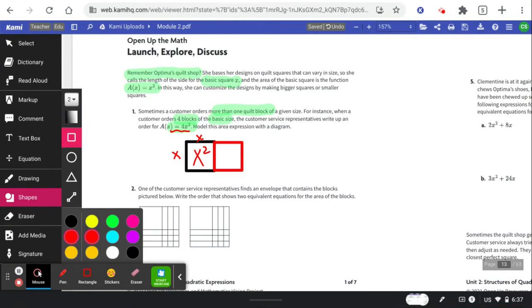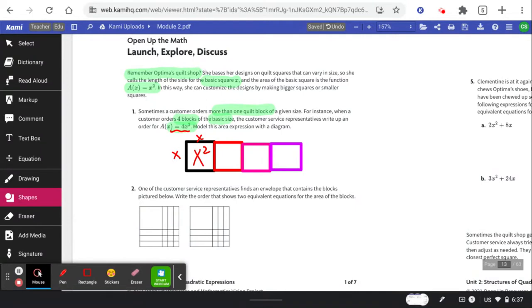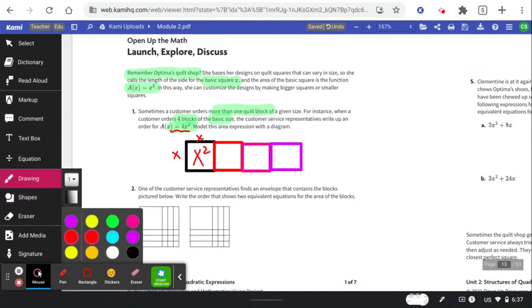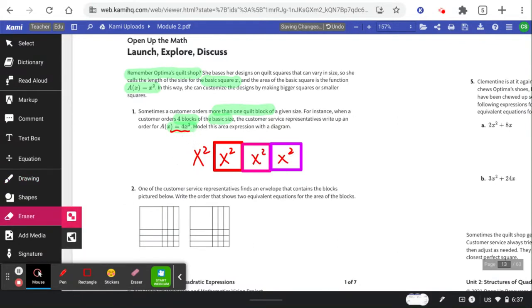1, 2, 3, 4. Do you remember doing this on the quiz where we found the diagram for the 3x squared? Well, this is the same thing, but this time they wanted to see the diagram show 4x squareds.